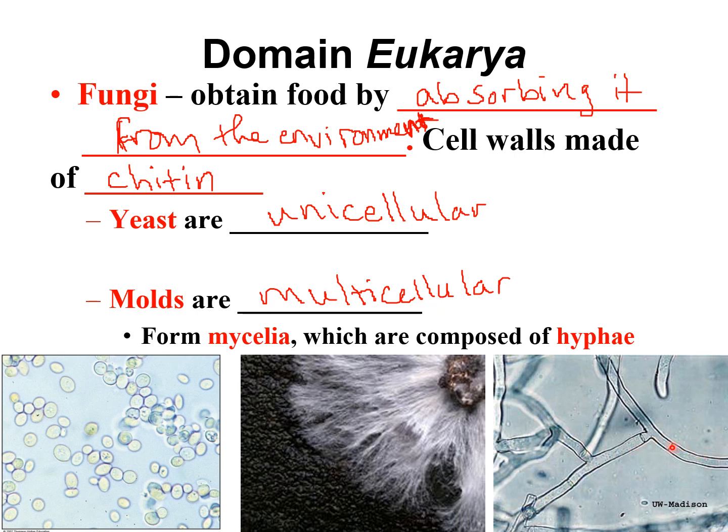Okay, and you can see the cell walls in between the individual cells there, and they're just kind of hooked together there. Okay, so these long, skinny individual cells are called hyphae, and then all of the hyphae grouped together to form this fuzzy mass. This fuzzy mass is called the mycelium.